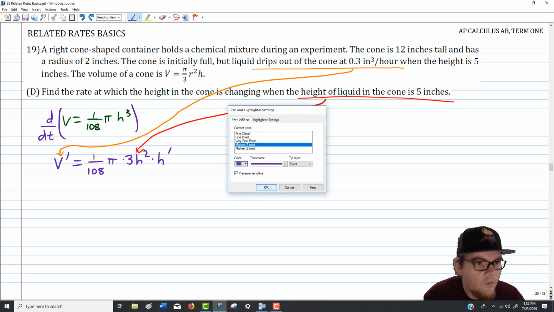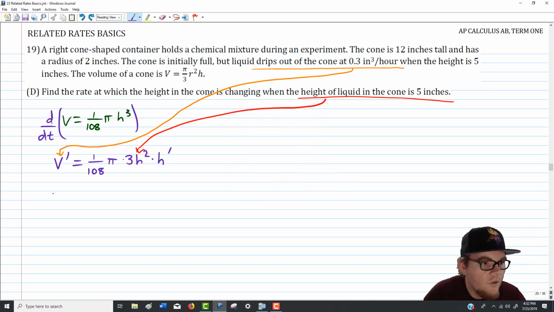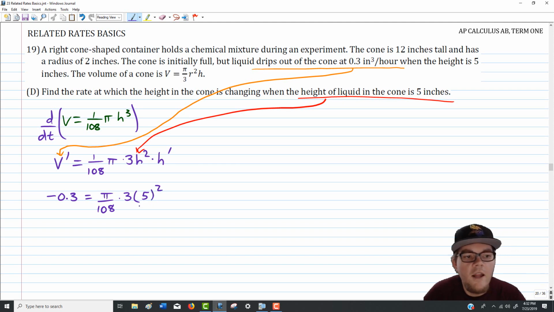So executing these moves, we know V prime, it's dripping out of the cone, so I'm going to say 0.3 as negative. On the other side, we have the pi over 108 times 3. H squared was 5, or h was 5, so 5 squared times h prime. First, 3 over 108 is just 3 over 36, so that'll clean our work up a little bit.